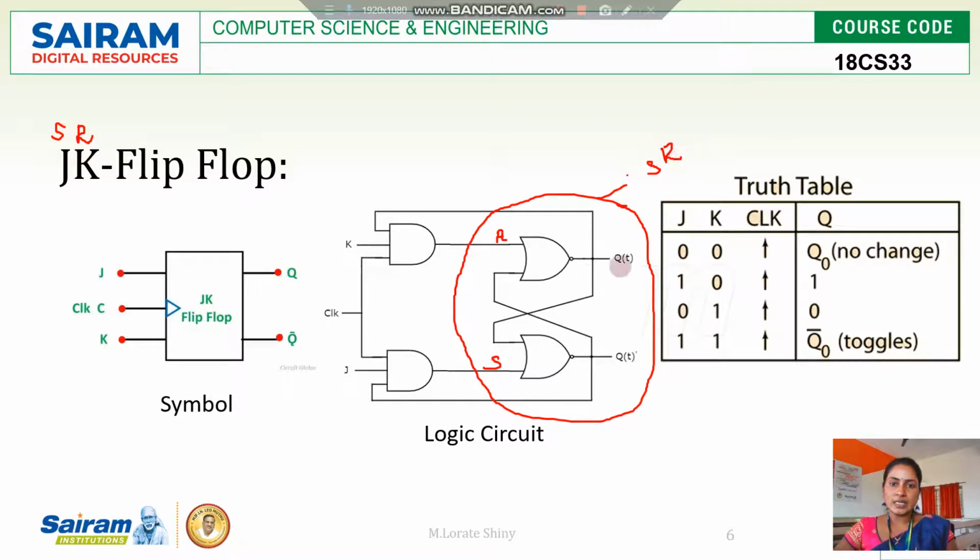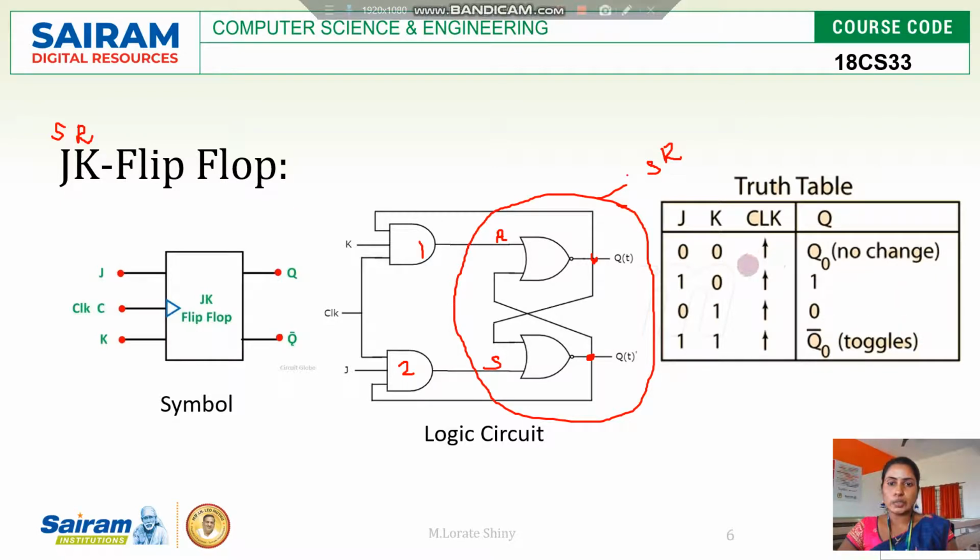With that we have two more gates, AND gate 1 and AND gate 2. AND gate 1 inputs are K, clock and Q. Then AND gate 2 inputs are clock, J and Q bar. So all together it is a JK flip-flop.